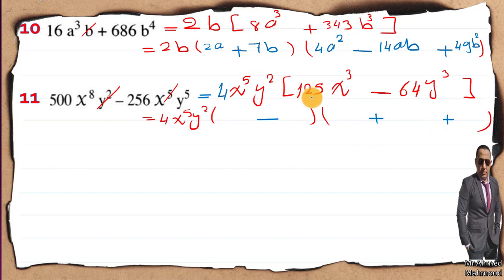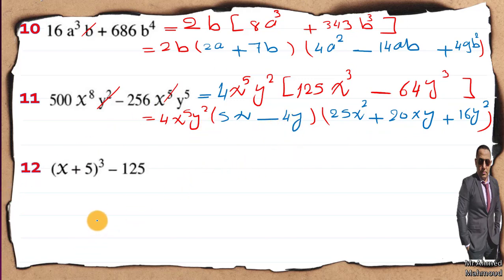Okay, cubic root of 125x power of 3 equals 5x. Cubic root of 64y power of 3 equals 4y. First power of 2, 5x all power of 2 equals 25x power of 2. Second power of 2, 4y all power of 2 equals 16y power of 2. First times second, 5x times 4y equals 20xy.